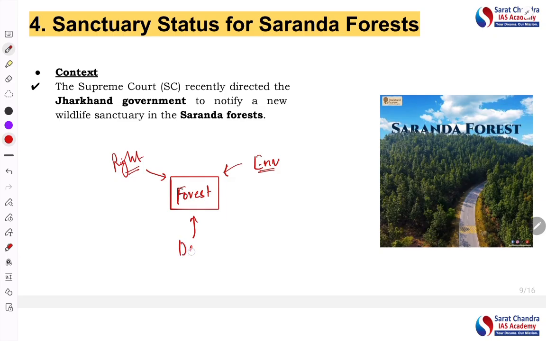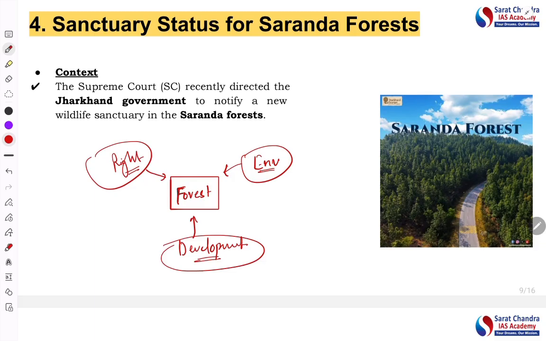Third is the developmental angle, especially economic development, in the sense that we sometimes need to adopt deforestation in order to extract minerals, mining, and other infrastructural projects. So these three aspects are involved in forest related or environmental issues.